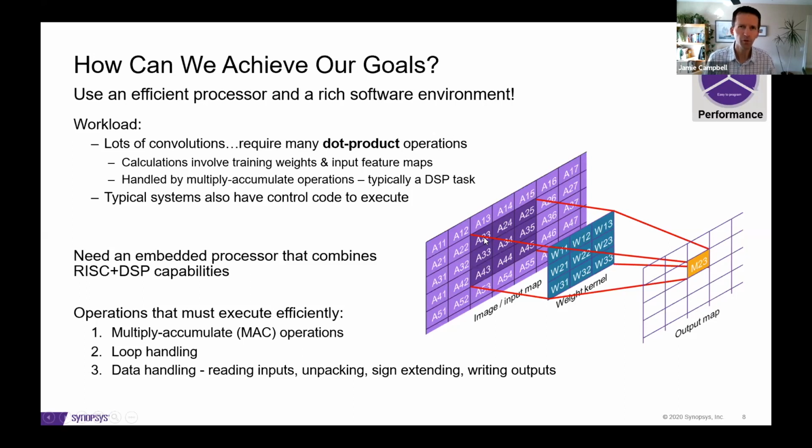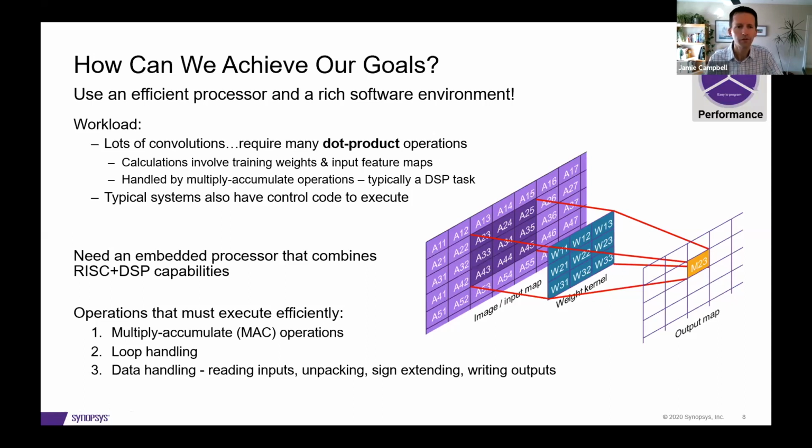And then thirdly, probably the most important, is how we can effectively deal with all of the data that we need to process. Especially in the case of images where resolutions are getting higher, we need to be able to efficiently read in that data, potentially unpack it, sign extend it, and then after processing it, write the outputs.